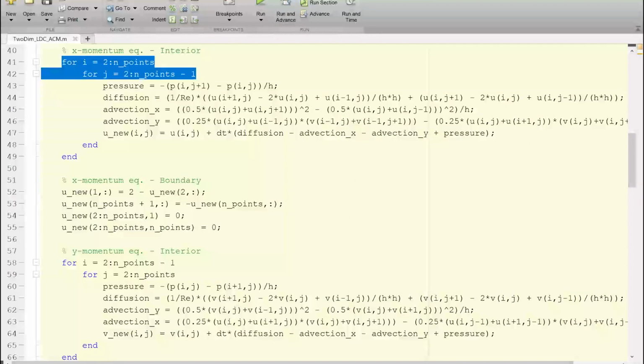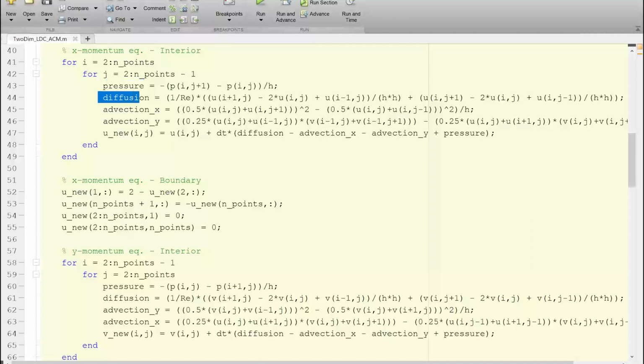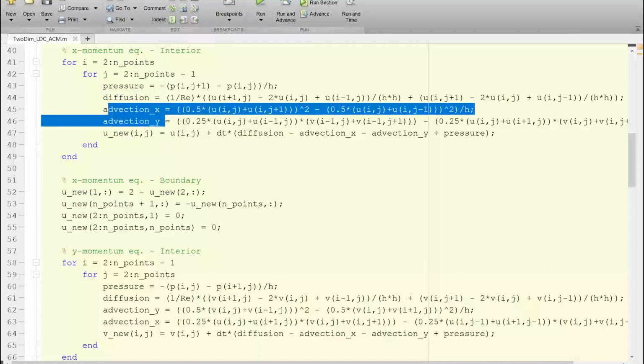Exactly that I'm writing here: from second to fifth row, if the endpoint is equal to 5, and second to fourth column. Once we do that, we can define the pressure, diffusion and the two advection terms.